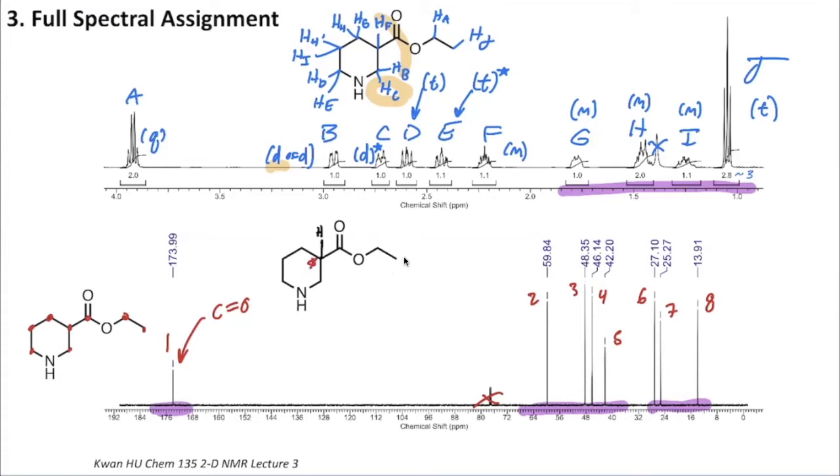So there's a couple of different ways we could represent that on this drawing. One of those would be to give a wedge here to the ester to show that it is coming out of the plane of the page at us. Or similarly, we could cover up this full bond with a dash to say, no, it's going back behind us.